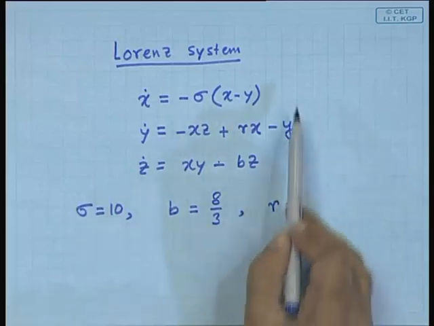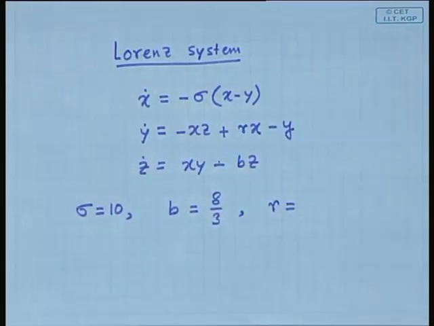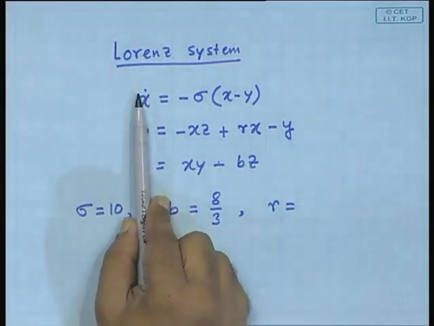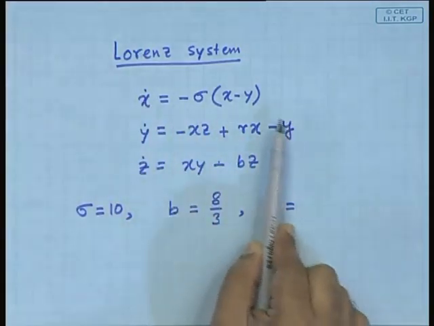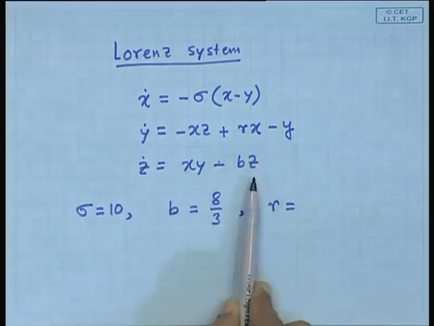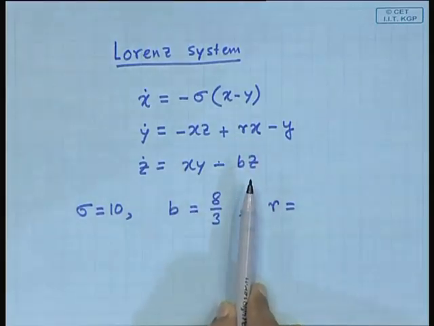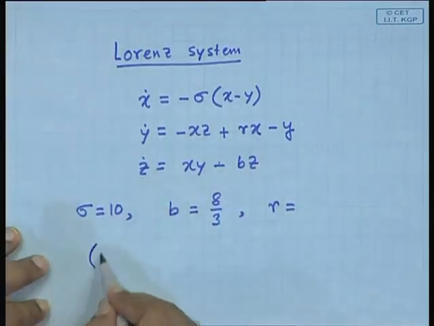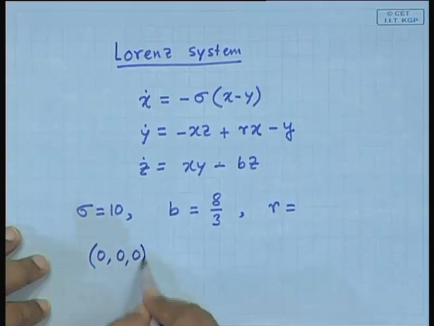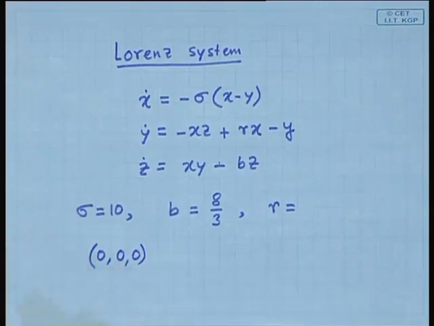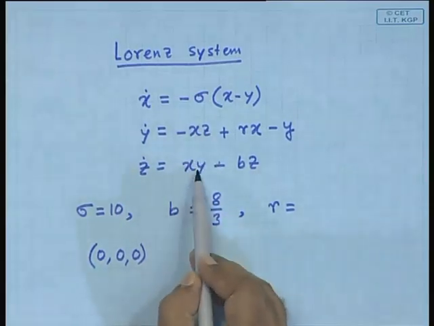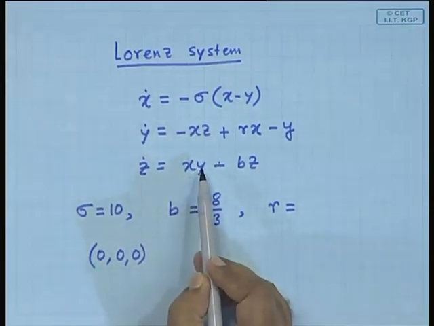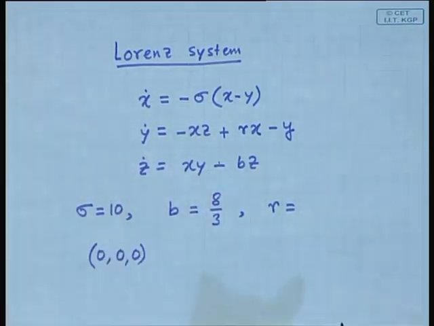Firstly, what are the equilibrium points of this? 0 0 0 is one. If you set the left hand side to 0, then 0 0 0 works, yes, so it is an equilibrium point. Anything else? There should be, because these terms are there. So, can you just work out what are the other equilibrium points?